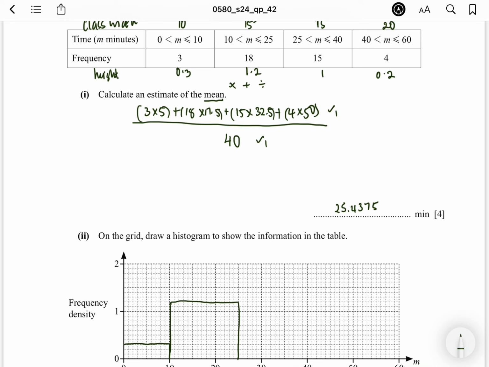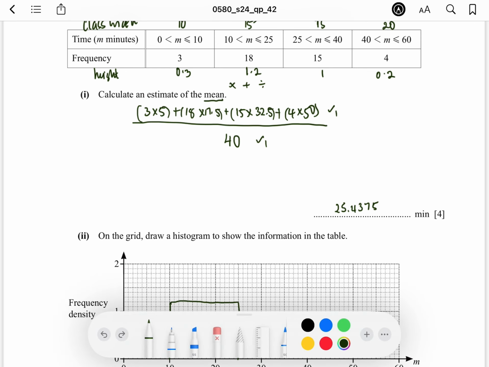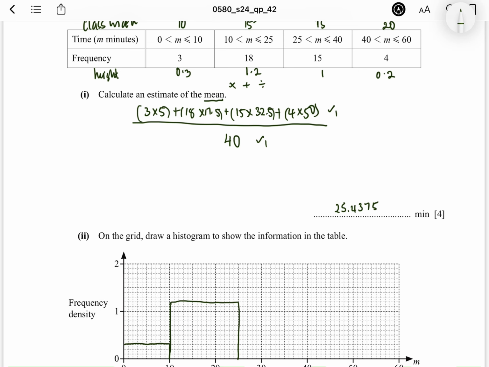Next one, 25 to 40. It's 1. So singan 1 saja. Kenapa ya? 1 saja. Tapi singan 40. And then last one, 40 to 60 is 0.2. So it's quite narrow sana. 0.2, 40 to 60. There you go.